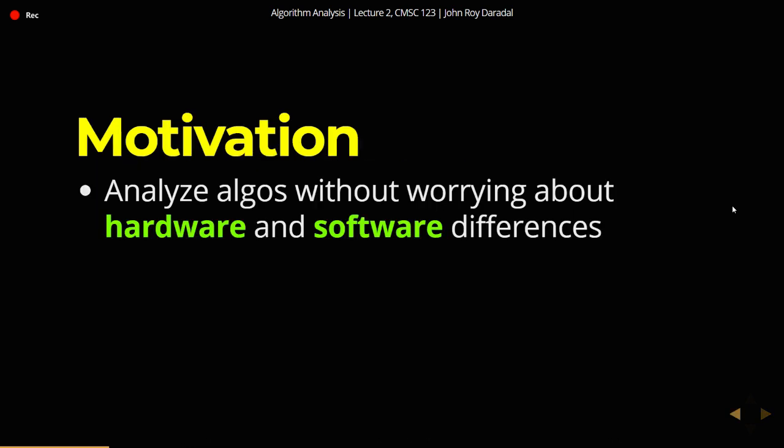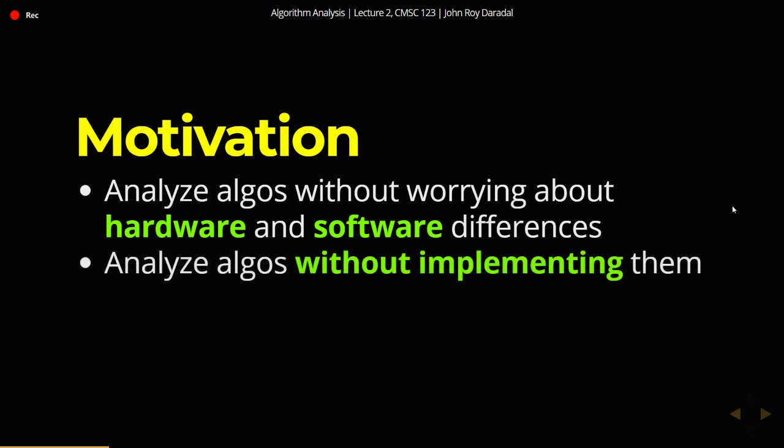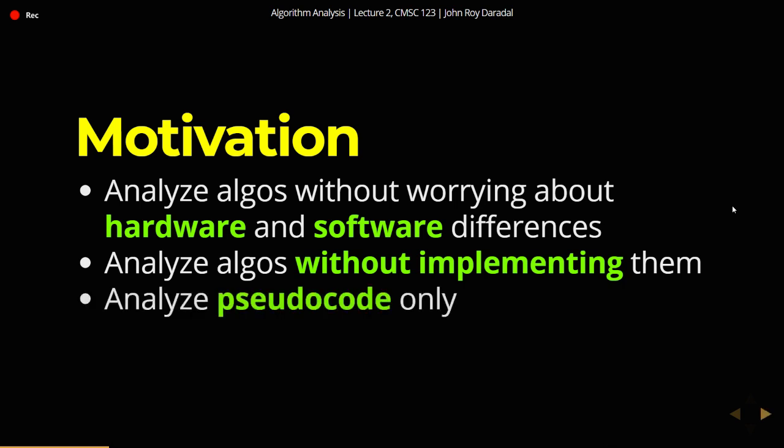So why are we interested in doing this? The motivation is we want to analyze algorithms without worrying about the hardware and software differences. So we want to analyze algorithms without implementing them, and only by looking at pseudocode, we can actually determine if an algorithm is efficient in terms of running time and memory.